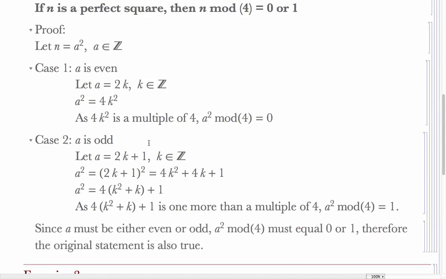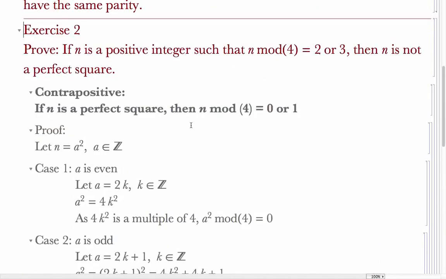But in this case, it is complete because a must be either even or odd, and as I said before, we've shown that a squared mod 4 must then equal 0 or 1. And our original statement, that if n is a positive integer such that n mod 4 is 2 or 3, then n is not a perfect square, is also true because of the logical equivalence of the contrapositive.